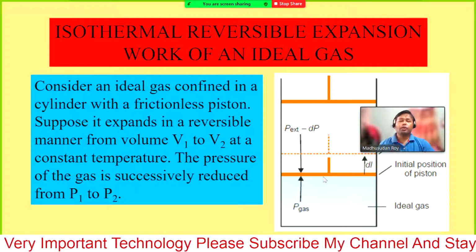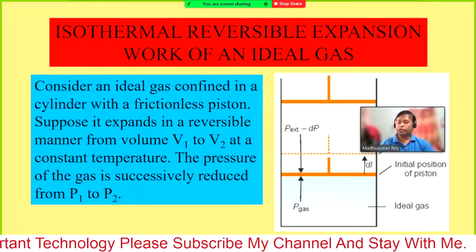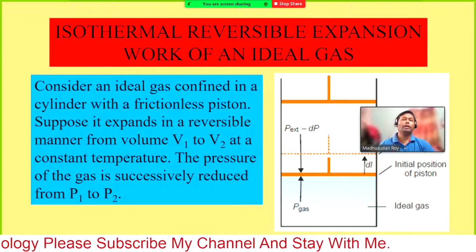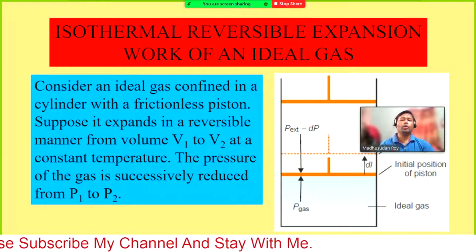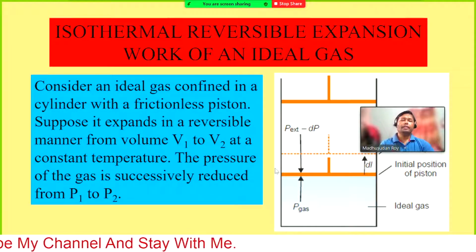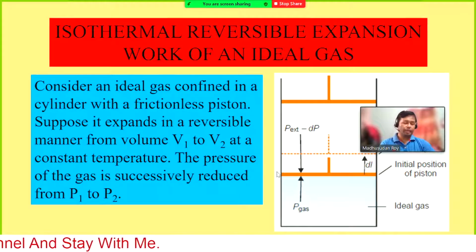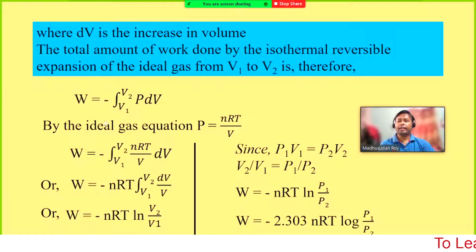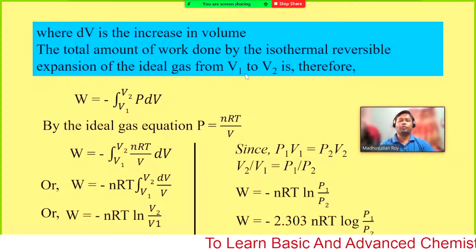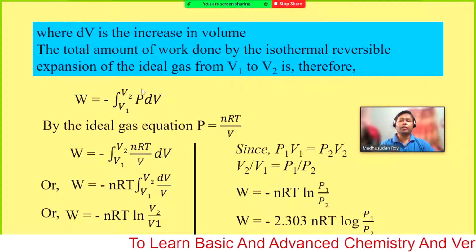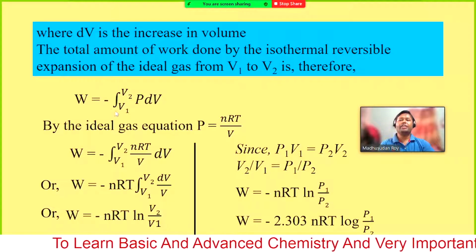Now if we want to increase the volume from V1 to V2, in that case we need to do some integration over V1 to V2. So the total amount of work done by the isothermal reversible expansion of the ideal gas from V1 to V2 is, therefore, we are using some integration limit.